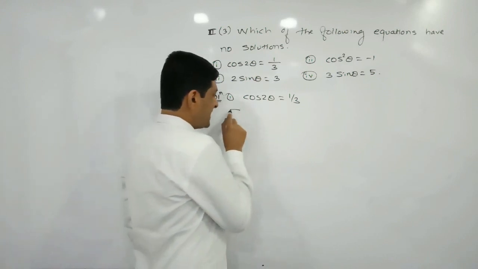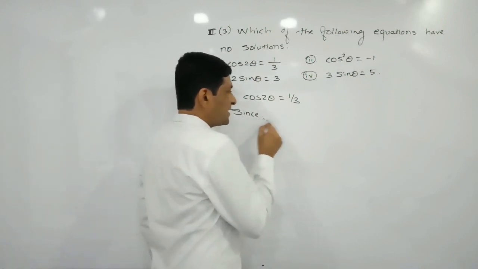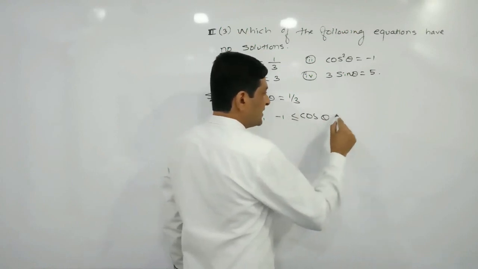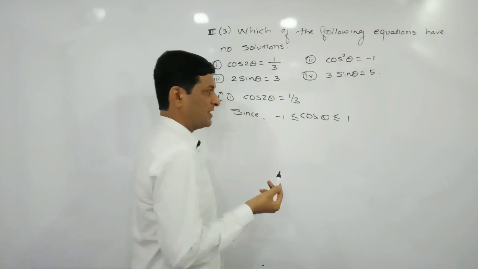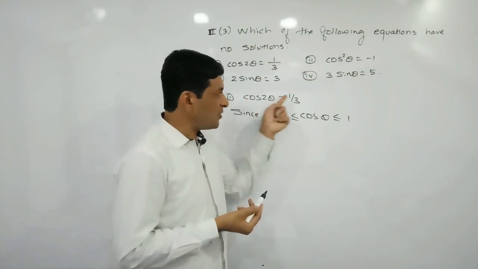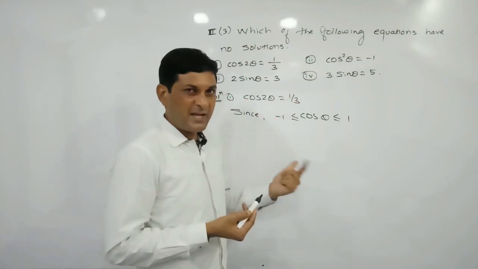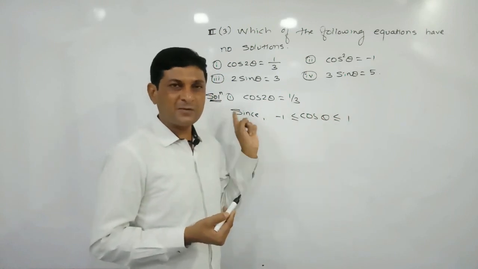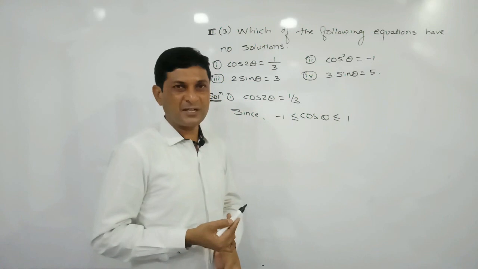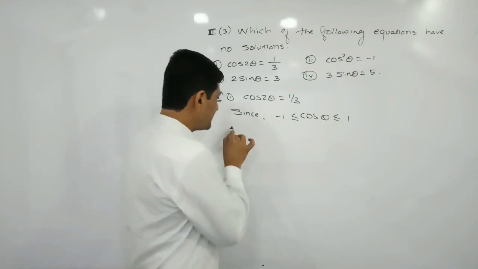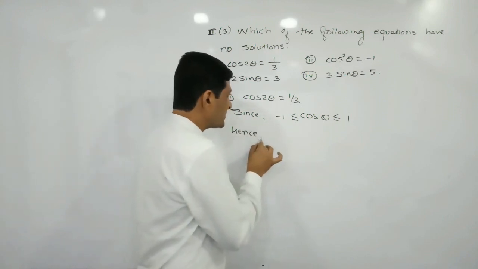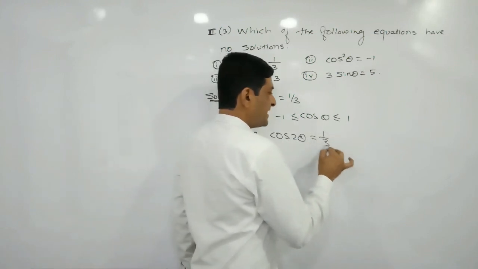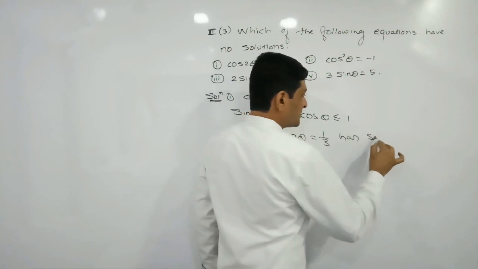So here we can say that since the value of cos theta is greater than or equal to -1 and less than or equal to +1, and here we can observe that the value of cos is 1 by 3. 1 by 3 definitely lies in this interval, and since it lies in this interval, that's why we can say that this trigonometric equation has solution. Hence we can say that cos 2 theta is equal to 1 by 3 has solutions.